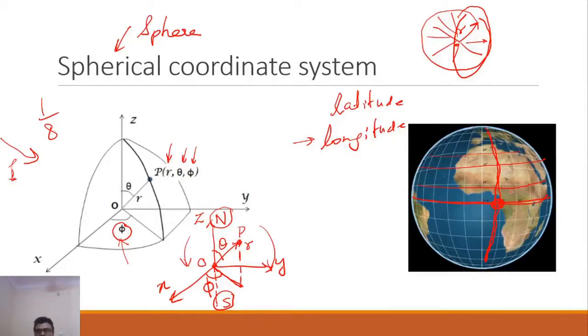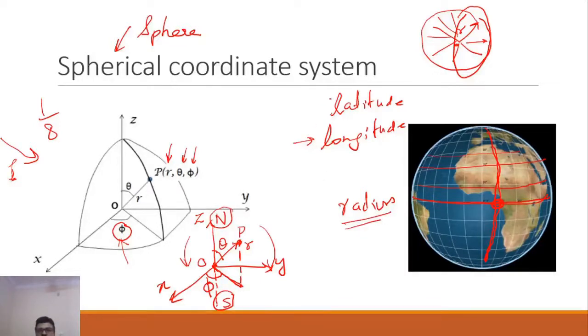But we know that Earth has some high altitude points like mountains and some valleys which are way deep inside the ground. So for that we need what? We need radius. So radius, in this example, is the distance from the core of the earth to the surface of the earth, and it can change at any point from plateau to mountains to valleys, anywhere, right?